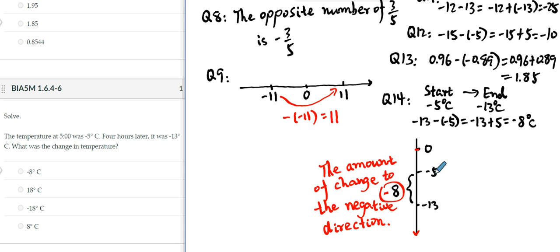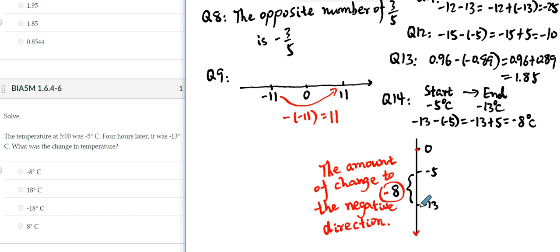So then you should have negative 5 plus negative 8. It goes to negative 13. I didn't say that we have 8 degrees going up. It's actually going down, you see here. Negative 5 to negative 13.